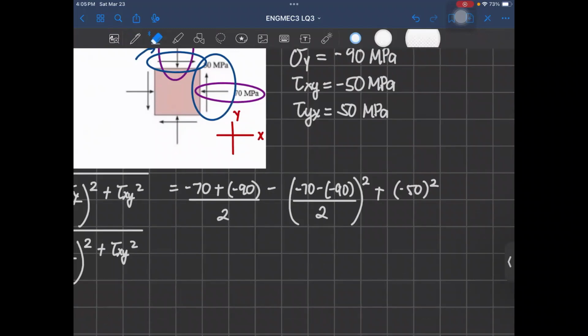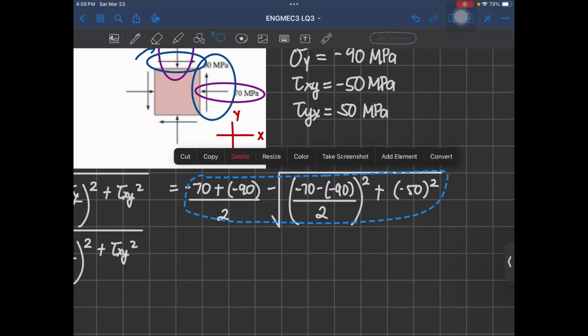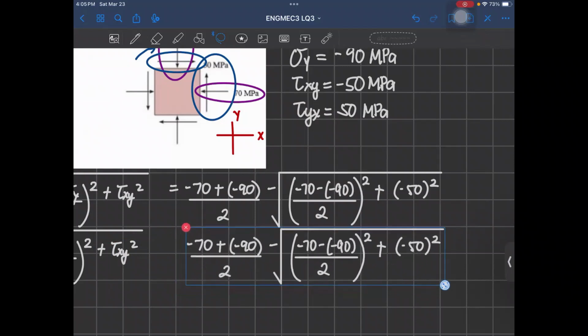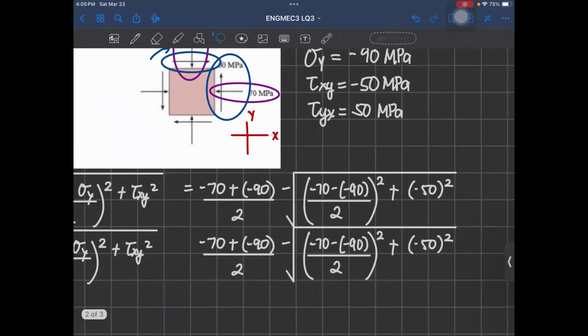So let me fix this. Then let's copy this also on the other principal stress, and let's just change the minus to a positive here. So the value that you would get here is your principal stress, which is the maximum and minimum normal stress that you can get.